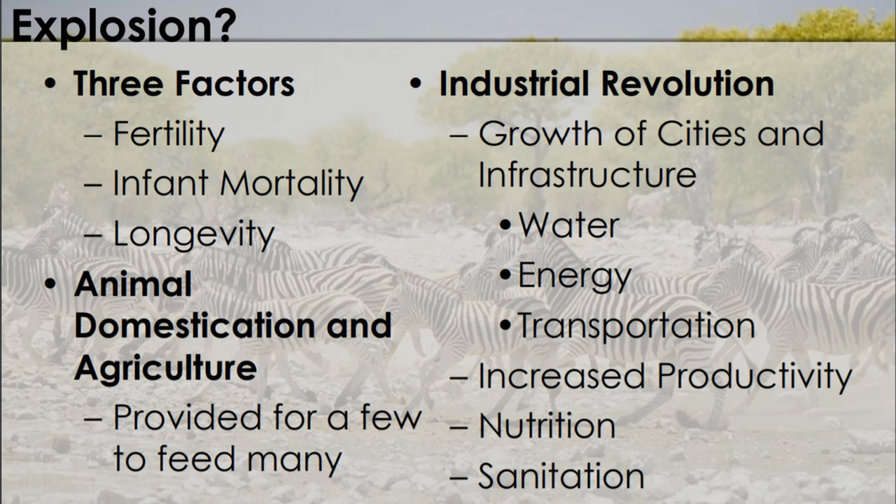And the Industrial Revolution saw the growth of cities and infrastructure. Things like water and energy and transportation were easily available. There was also increased productivity, nutrition was better, and sanitation improved. All of these factors helped humans increase their population size.